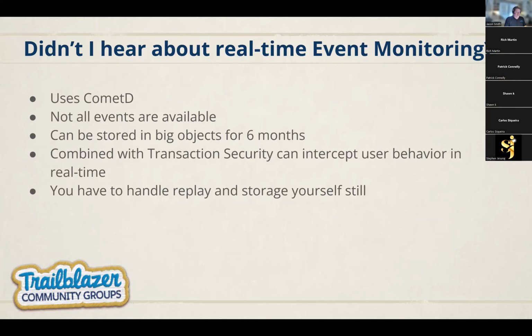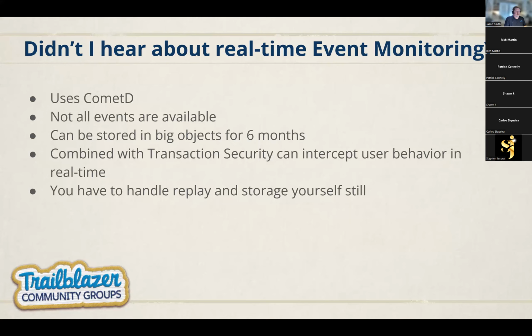Or if you get a user that's hitting the API more than a certain number of times in an hour, you can block that transaction and alert somebody. So that's what transaction security can do. That is also included in the whole Shield bundle. And that's where real-time event monitoring is mostly useful in terms of real usage.